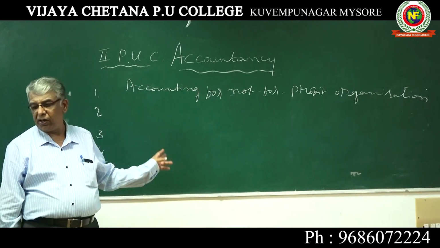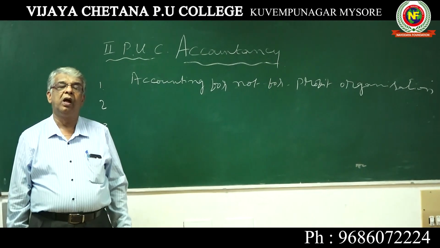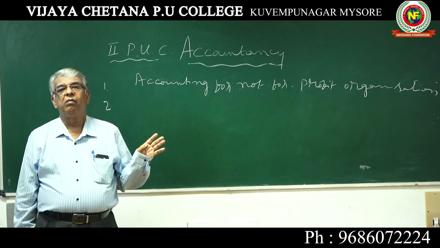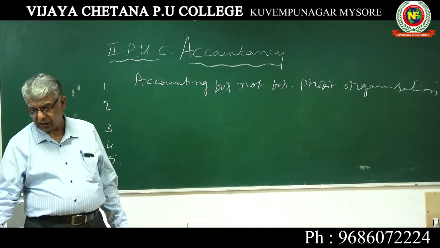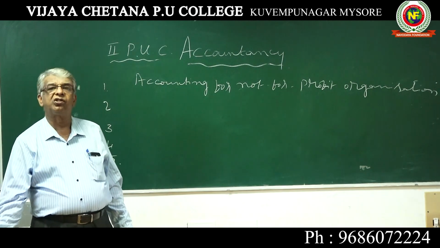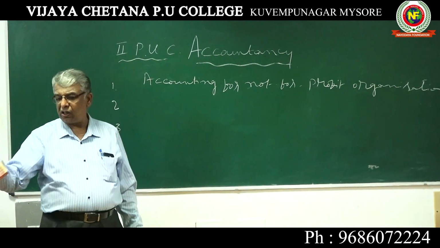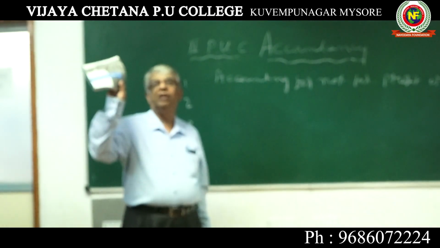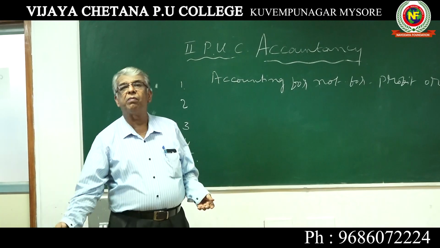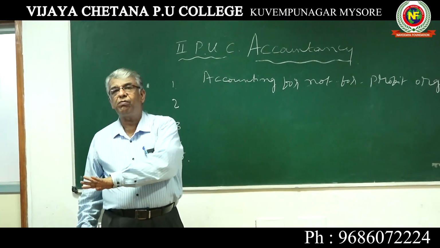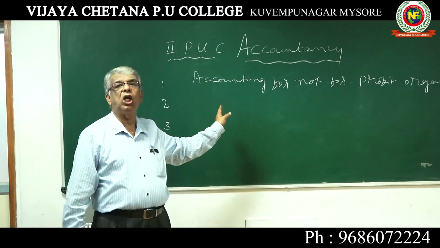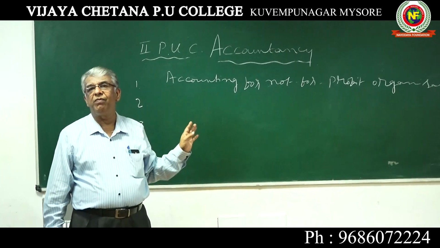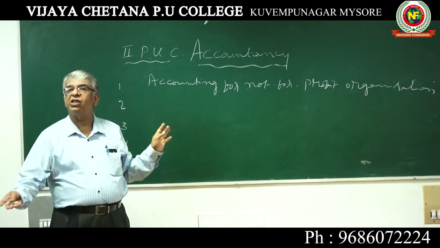Also one more point I would like to request you. From tomorrow, you have to keep these two accountancy books, volume 1 and volume 2. I am starting with volume 1 because when I work out the problems, you have to keep this textbook. I am just going to tell you the exercise number. I cannot dictate each and every problem because that runs for a page together.